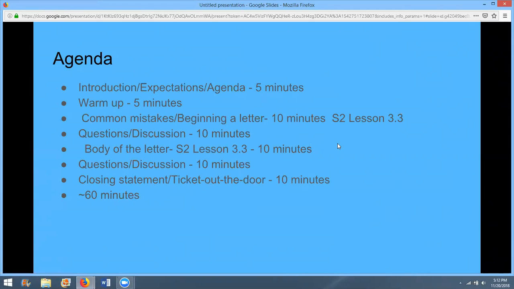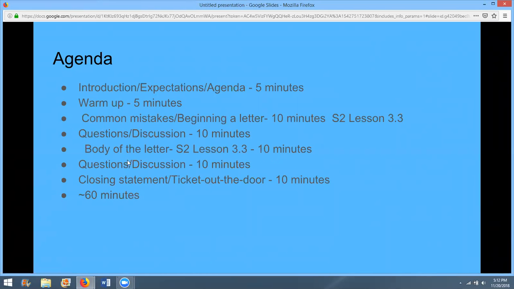That'll last about 10 minutes, and I'll piggyback a little bit off of lesson 3.3 in semester 2, or I believe quarter 4 in World Civ. Then I'm going to have a 10-minute session where it says 10 minutes, but we can give and take there on any questions that you have that I could probably help you with.